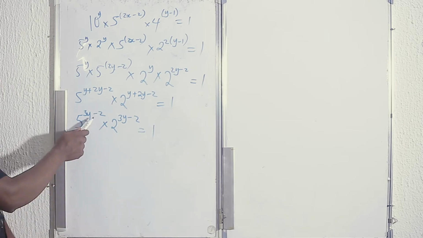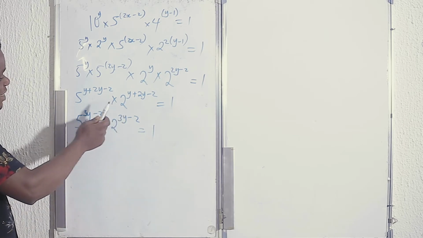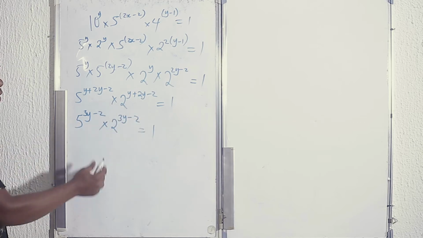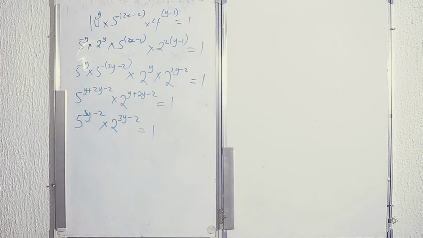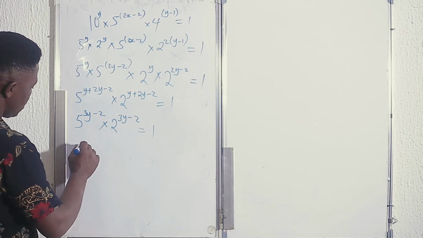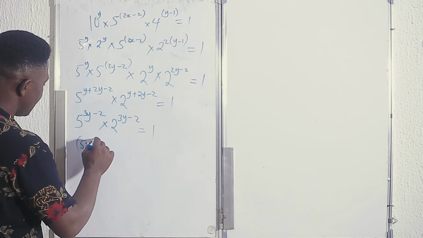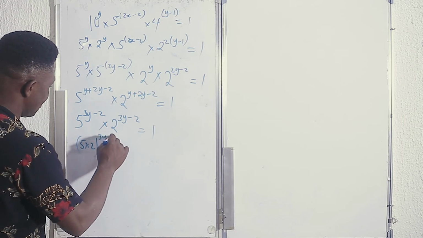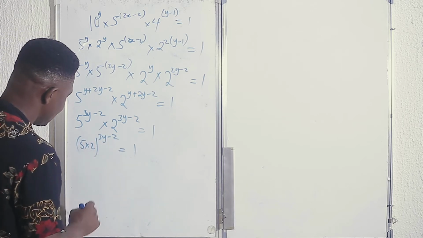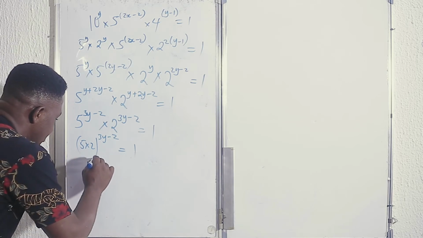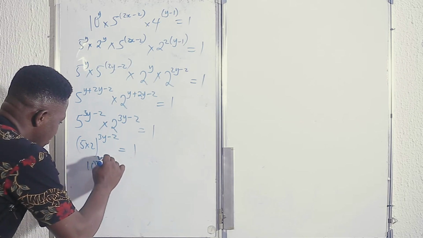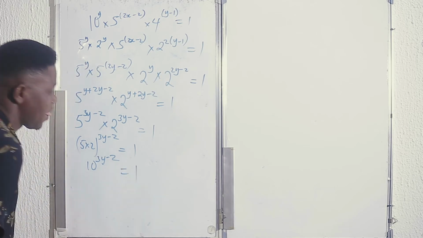Because their indices are the same, 3y minus 2, you can multiply the bases. So this will give you 5 times 2 all raised to the power 3y minus 2 equal to 1. This will give you 10 all raised to the power 3y minus 2 equal to 1.